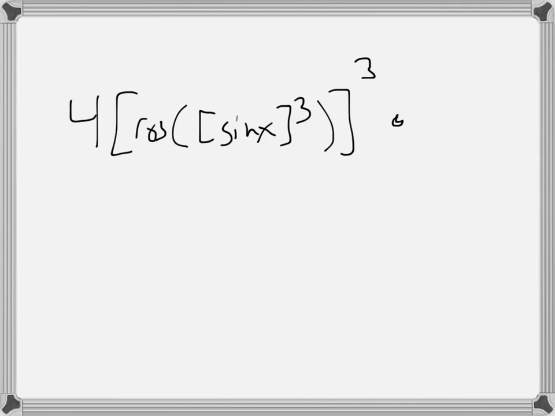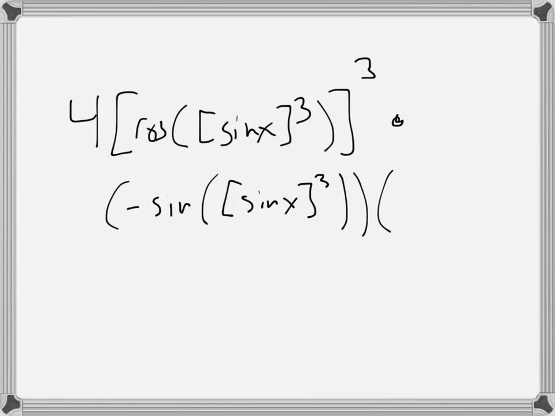So this is times minus sine of the cube of sine x, and then all of that is times 3 sine squared x cosine x.